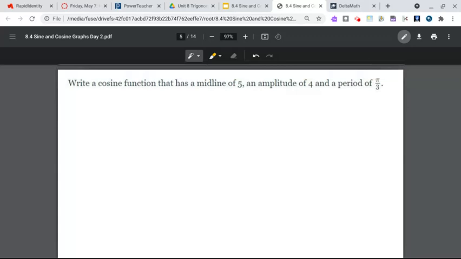Write a cosine function that has a midline of 5, an amplitude of 4, and a period of pi over 3. Okay, y equals 5. Oh, no, midline is 5, amplitude is 4, period is pi over 3. So amplitude first, it's a cosine function.